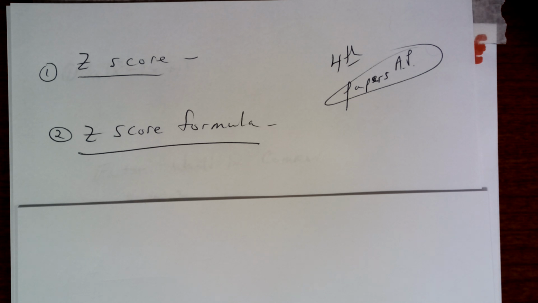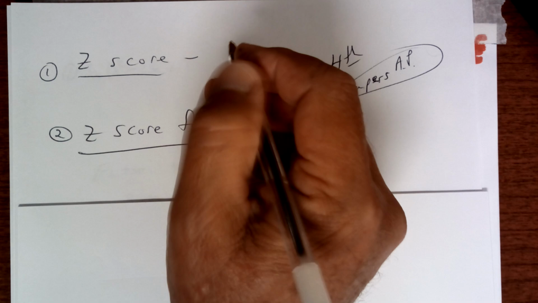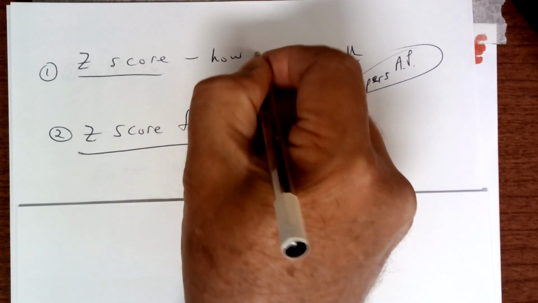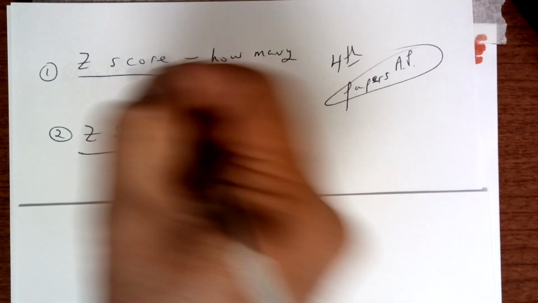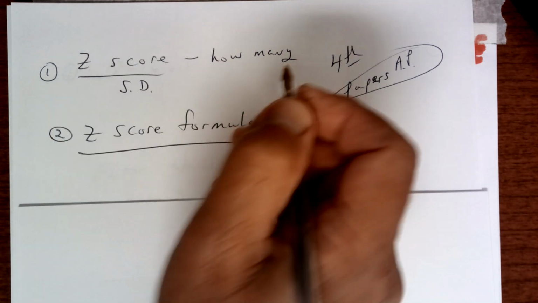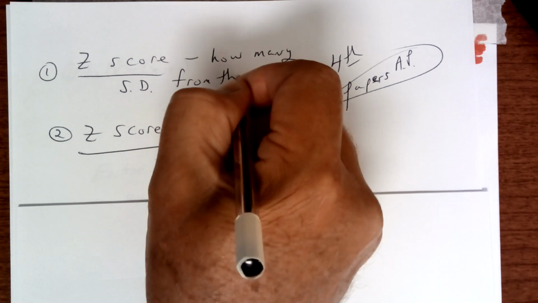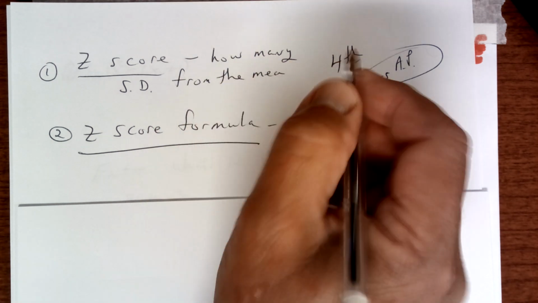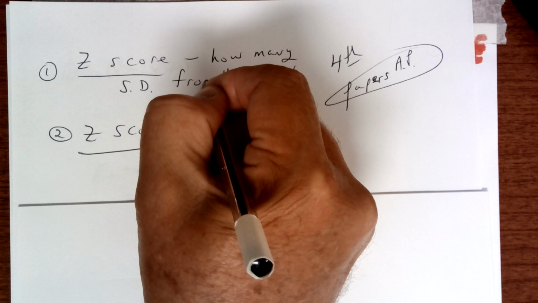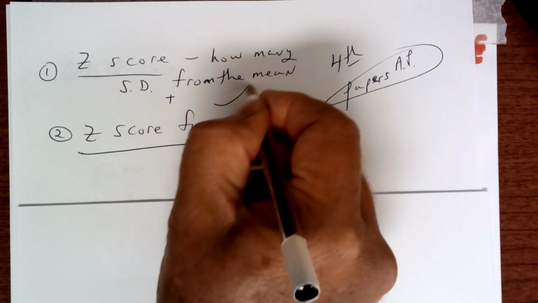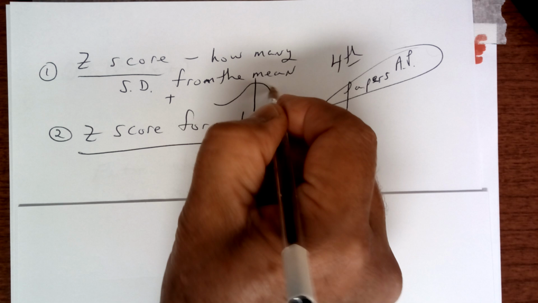What is z-score? Z-score tells you how many standard deviations from the mean, from the average. If it's a plus, it's above the curve.